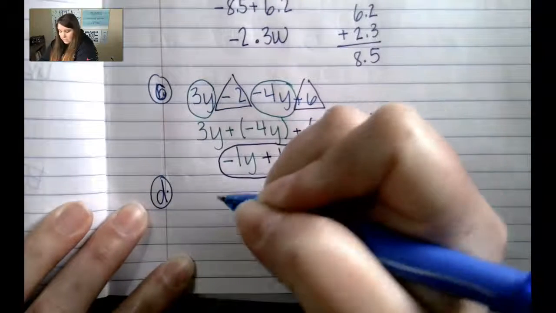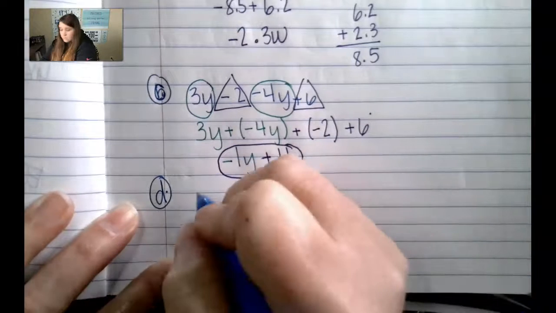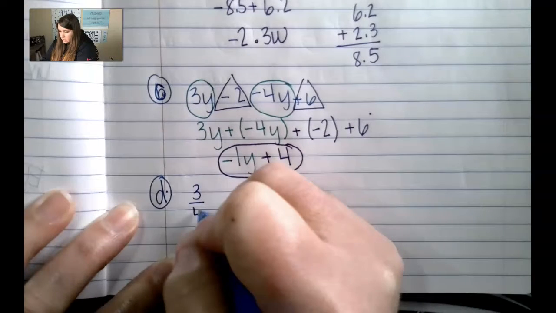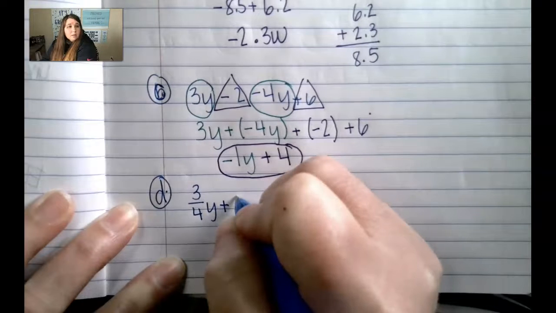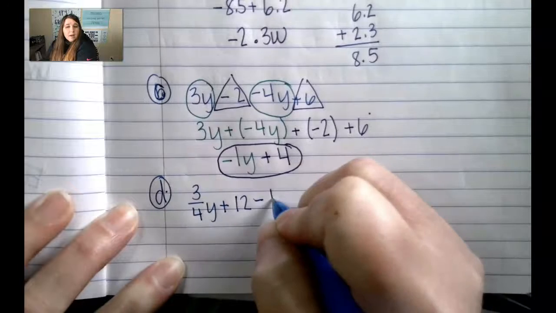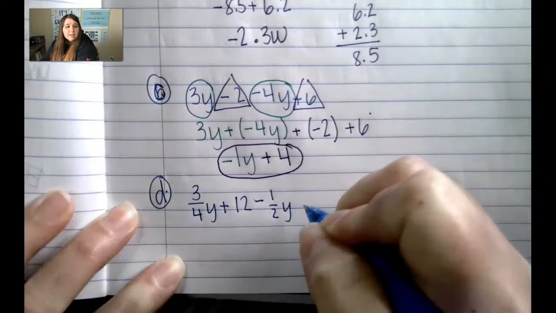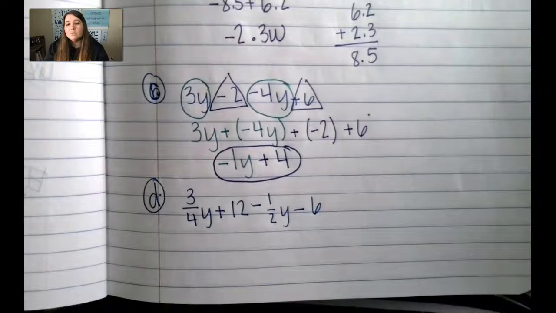All right, example D. Example D has 3/4 y plus 12 minus a half of y minus 6. Okay, so this is a really big problem.